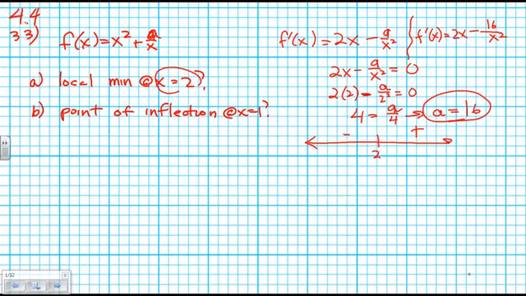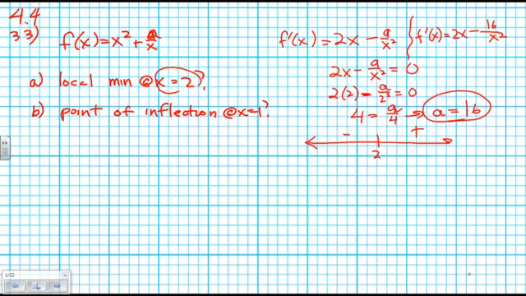Second derivatives is where we look for concavity. So when the second derivative is positive, it's concave up. When the second derivative is negative, it's concave down. And our point of inflection is where that concavity changes. It changes when the second derivative is equal to 0. So let's go ahead and take the second derivative and see if we can get a point of inflection at 1.